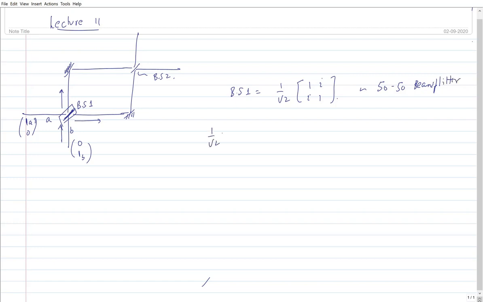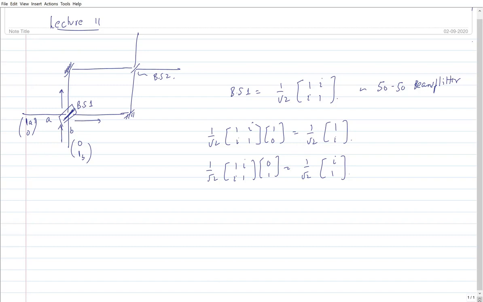What it essentially does is, to the state 1 0, it's going to give me the state, and to the state 0 1, this is going to give me this guy over there.